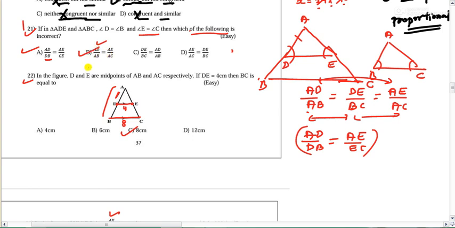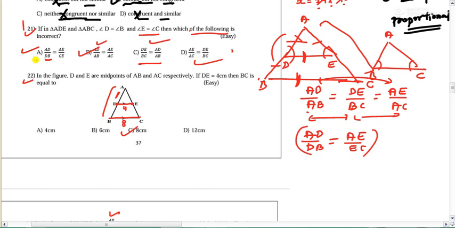Even this is correct, that is the corollary. Now here DE by BC is equal to AD by AB. Even this is correct. AE by AC, small side, big side AC. DE by BC, even this is correct. All of them are correct.